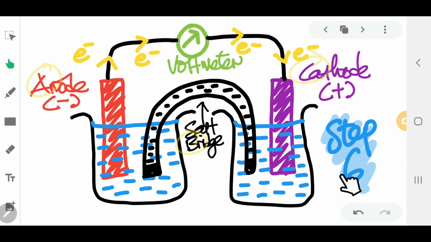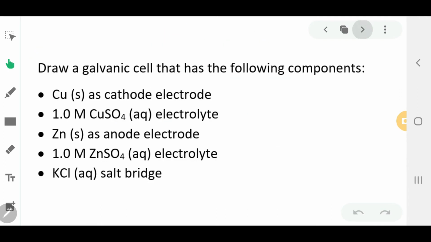From left to right, A, B, C. If you have it the other way around, it's still going to be A, B, and C. And the electron will always flow from anode to cathode. So if you have your anode right here, the electron will flow that direction instead. So that's how you're going to draw the galvanic cell.